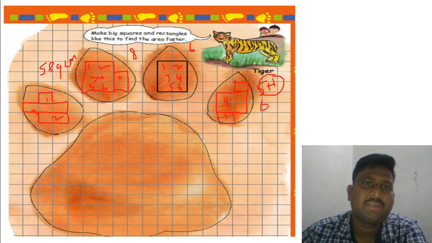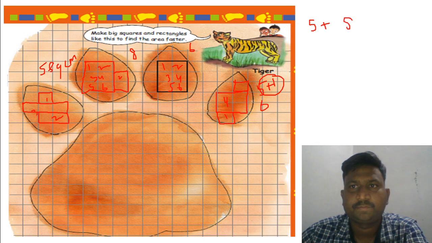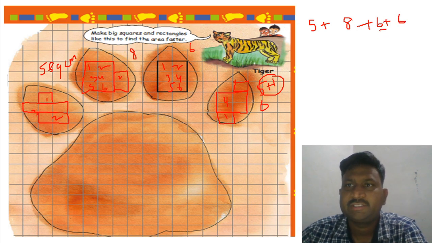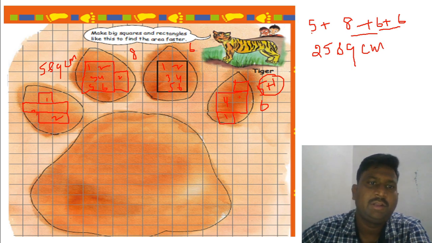So this has 5 plus 8 plus 6 plus 6. 6 and 6, 12. 12 and 8, 20. And 5, 25 square centimeter.